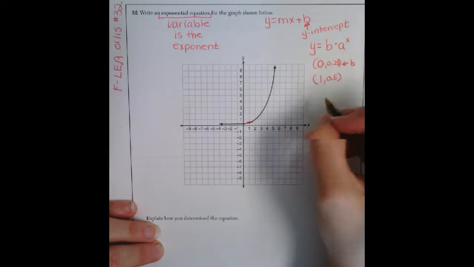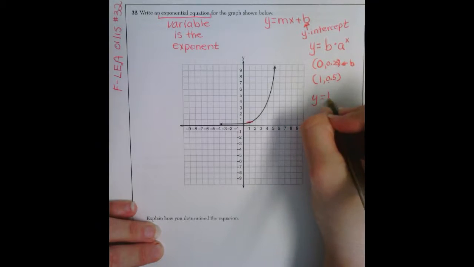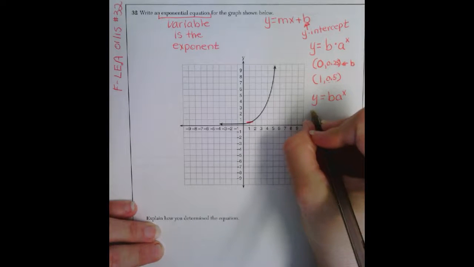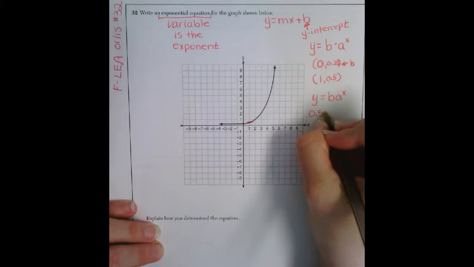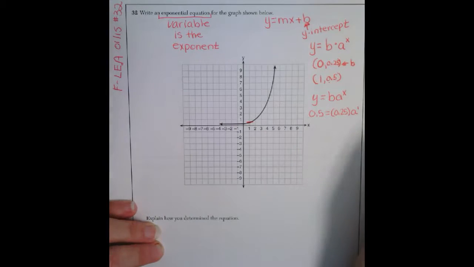Well, now that we have this information, we can use this equation to solve to find out what a equals. So we're going to have y, which will be this number, so I'll just rewrite it first. y equals b a to the x. So I'm going to put 0.5 equals b, which we know from up here is 0.25, times a to the first power.